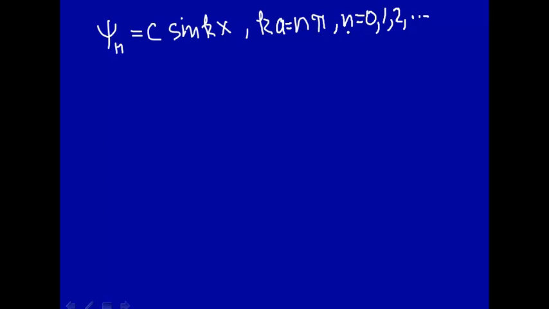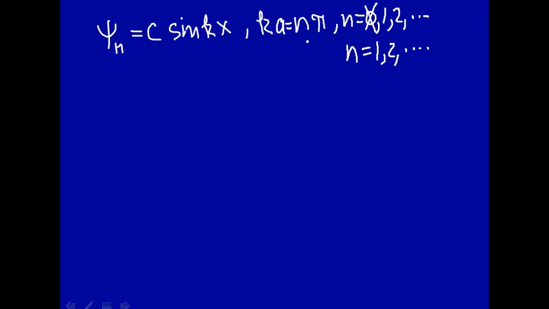Let's look a little more closely where n is equal to 0. If n is equal to 0, then that means the sine is 0, and C is independent of x, so that means the wave function is 0 all the way across the box. We want the particle to exist. We want it to have some value of the wave function not equal to 0. So by those arguments, you can get rid of n equals 0. So really, n equals 1, 2, and so on up to infinity.